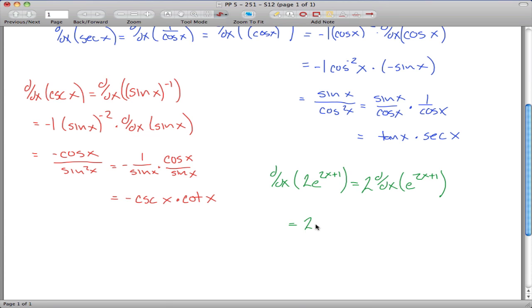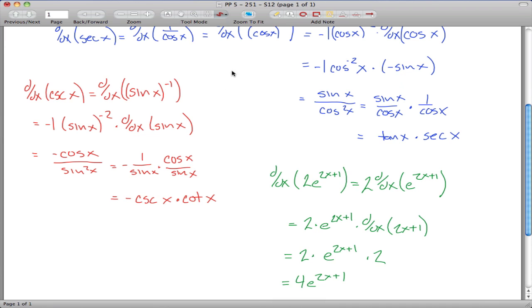We could say this is 2 times the derivative of e to the anything is e to the anything. But we have to use the chain rule here and multiply this by the derivative of 2x plus 1. So we have 2 times e to the 2x plus 1 times 2. We got 4e to the 2x plus 1 as our derivative.